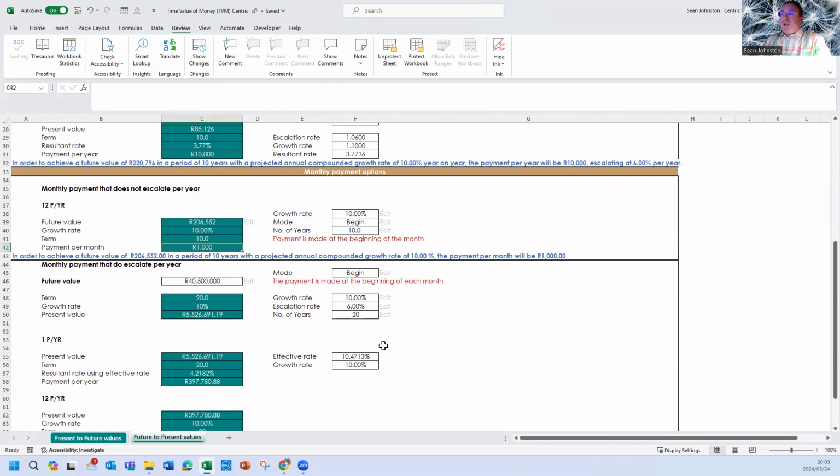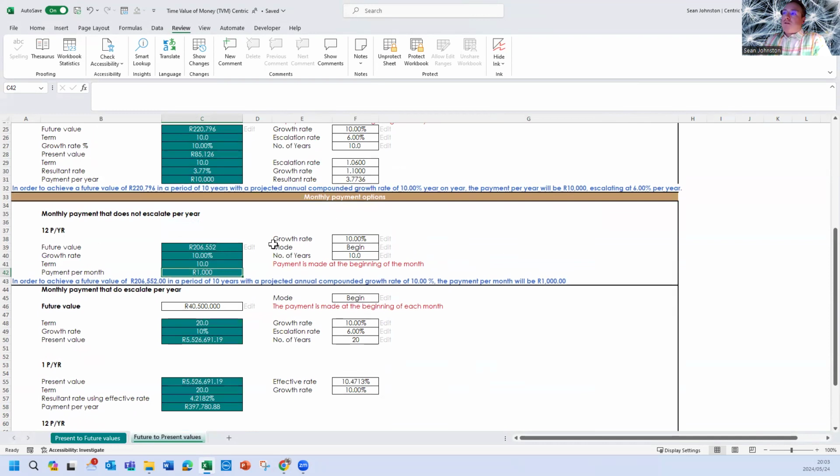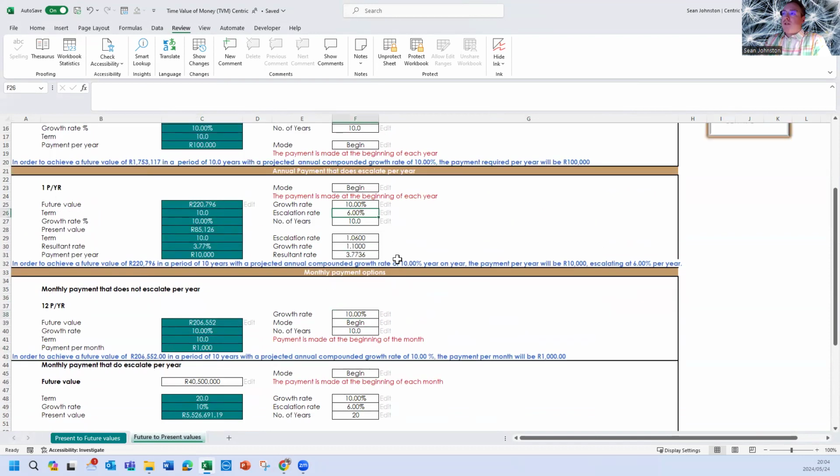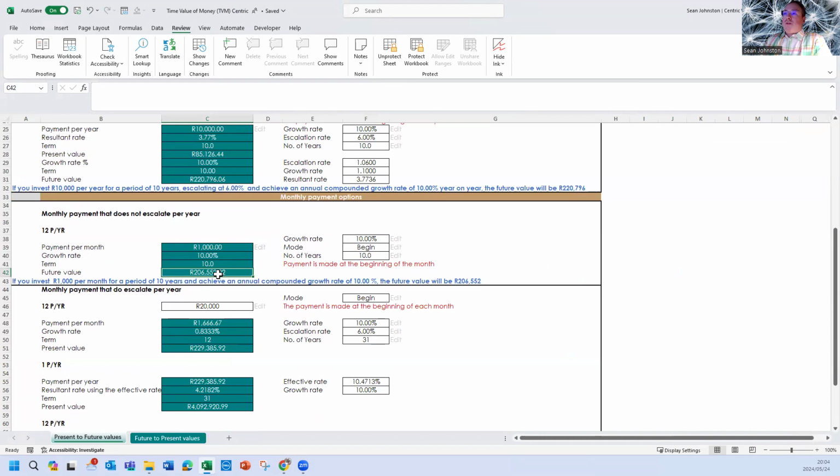Now, again, you're not countering inflation, because inflation is obviously going to impact your growth. If we said inflation was 6%, the real return is 3.776. So this value over here of 206,552 has not really been factored in for inflation.